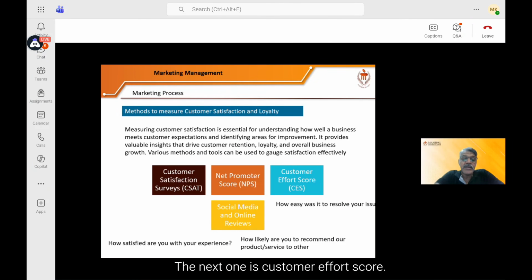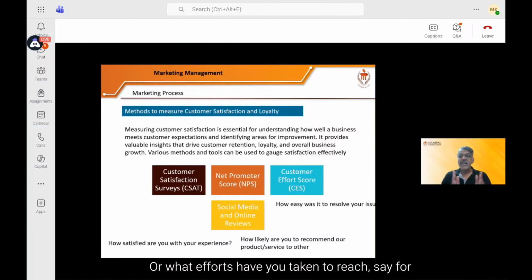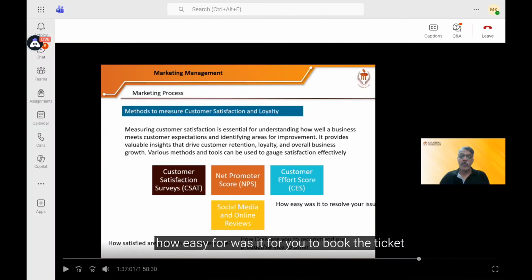The next one is customer effort score. That means how quickly, or what efforts have you taken to reach? For example, yesterday in the flight, when I was giving the ratings to Air India, it asked me how easy was it for you to book the ticket online? Very easy.